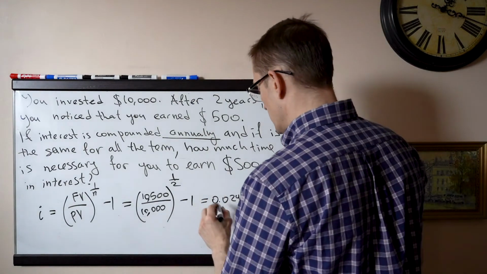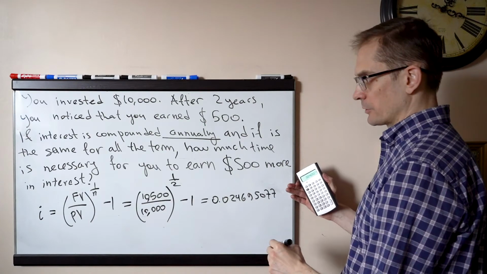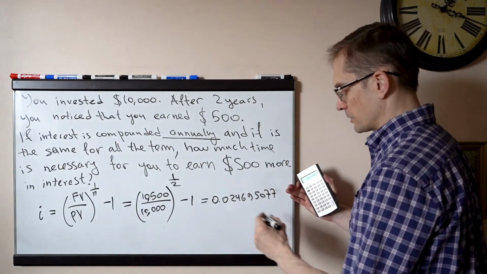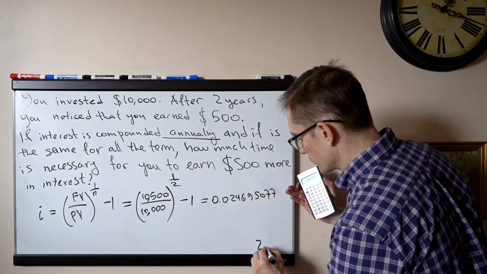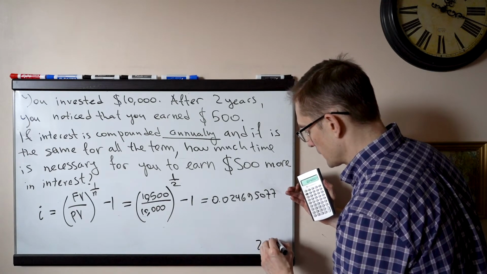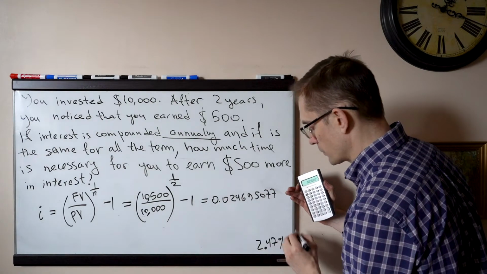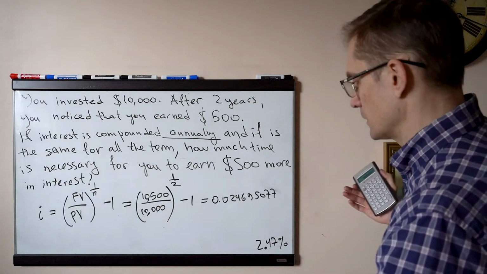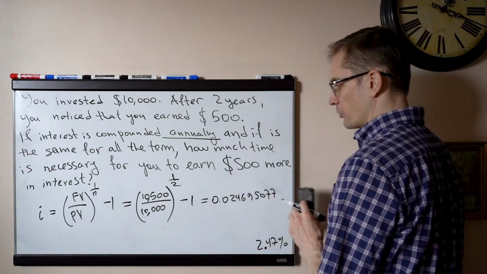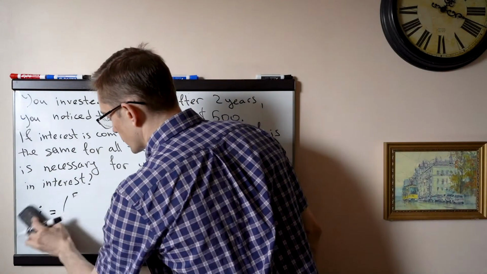So therefore, I can just use that as my nominal rate to continue solving this problem. But let me write it here. Rounded to 2 decimal places it is going to be 2.47%. That's of course a rounded value. Okay, so now I will be using that rate for the second part of the problem.